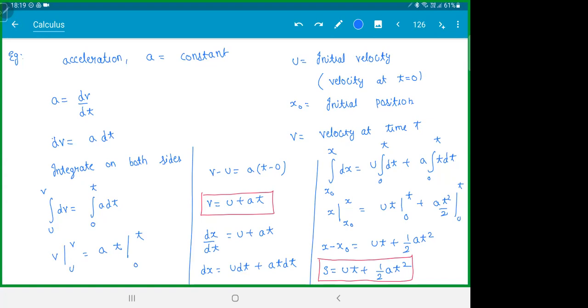First, when I integrated with time, a became, I got a relation between v and time. Again, I integrated, I got position and time. Clear? Can I turn the page?